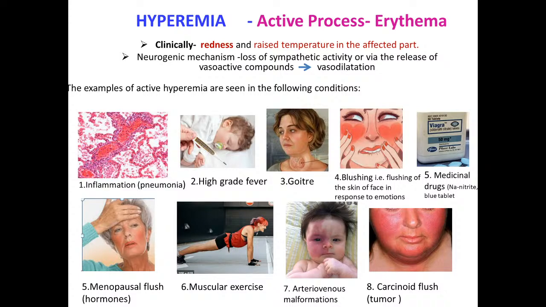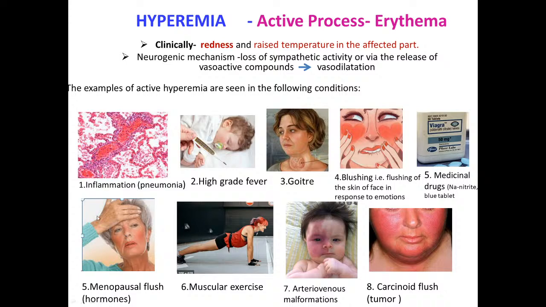Physiological response to increased functional demand, as in the heart and skeletal muscle during exercise. Skeletal muscle may increase its blood flow 20-fold during exercise. The increased blood supply occurs by arterial dilatation and the recruitment of unperfused capillaries.